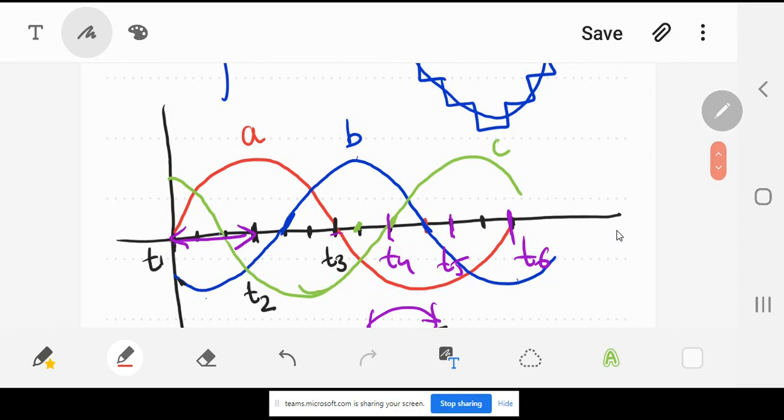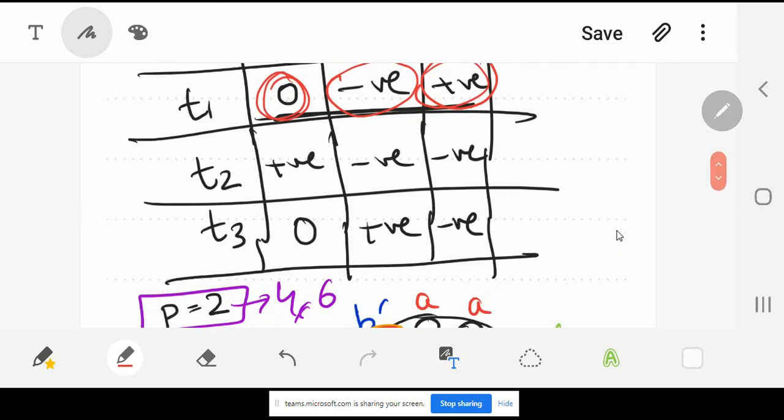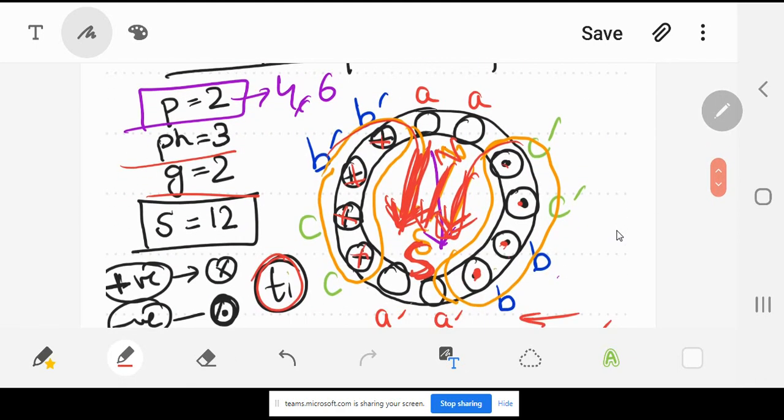If you draw it at this time, you will have a different orientation, and at this time, it will be different again. It will be changing its direction, having a different orientation every time, which tells you that this is a rotating magnetic field. This is a very important thing, that the magnetic field is rotating. It is constant. This is a very important point.